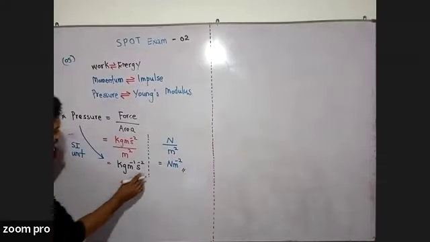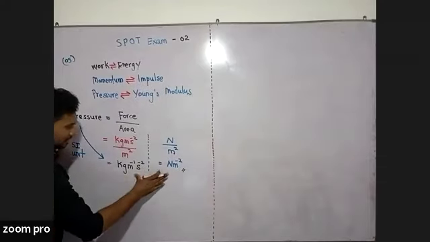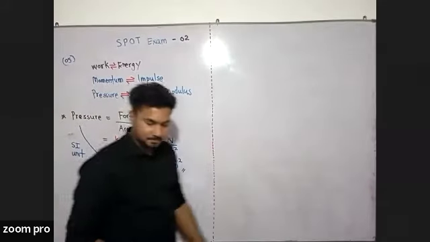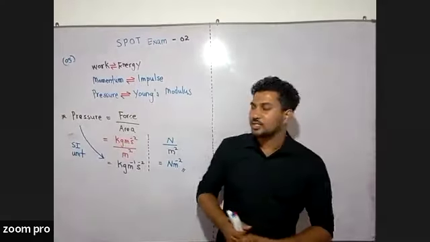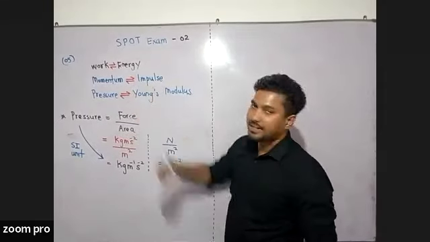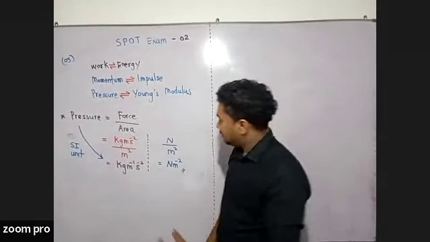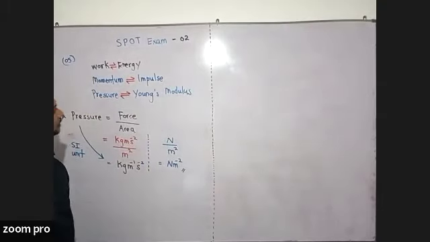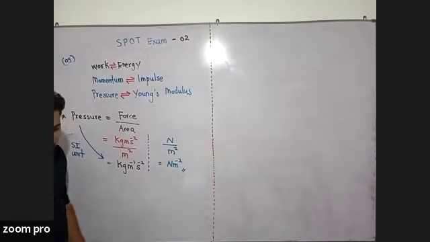So both these units can be accepted as the unit for Young modulus, right? So that's the importance of remembering those similarities. Okay. Then we can consider both these units as units of measuring Young's modulus.